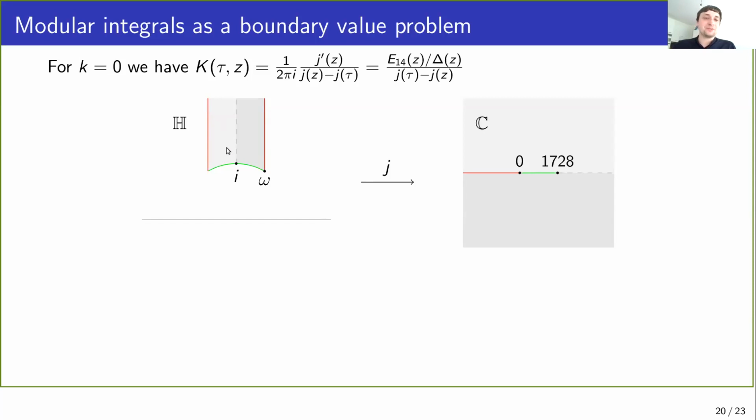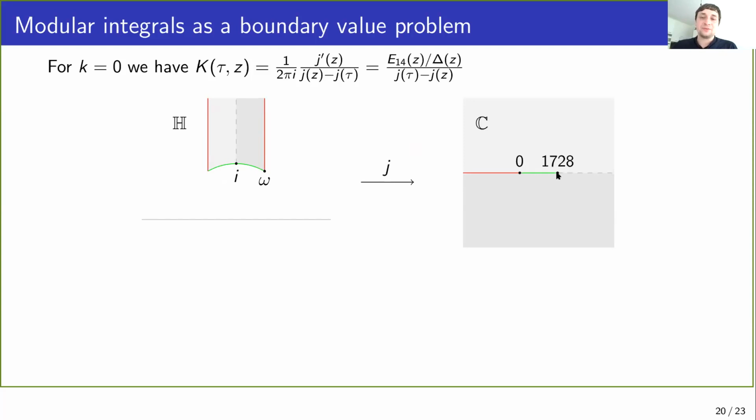Now there's a way to represent this picture in a much easier situation. What you do is you conformally map the two pieces of the boundary for which you want to have a relation to be the same piece of the boundary in some different domain. So you do it for the two green arcs and for the two red rays.